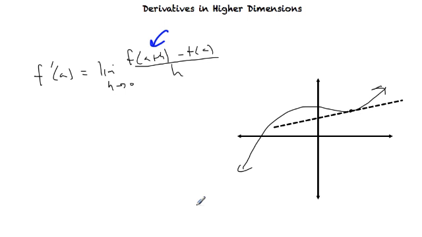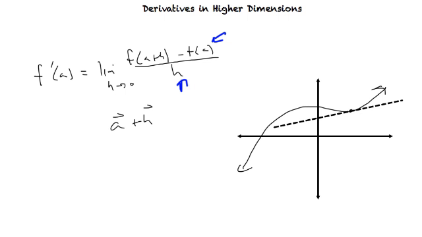Well, if f is a vector function, then a must be a vector. So if we're going to add a plus h, well then I guess h has to be a vector too. Okay, so we add a plus h, that's no problem, no big deal. We subtract f of a, which is no problem at all, and then we divide by h.